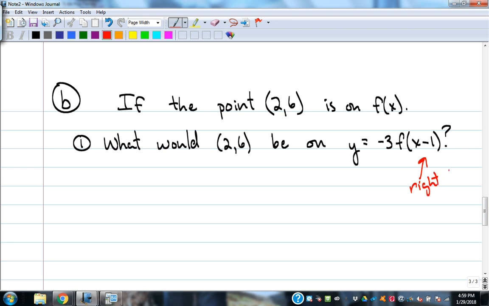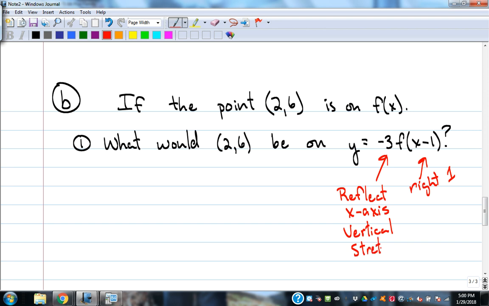So we're going right 1. What does the negative 3 out in front tell us? Reflect where? Reflect across the x-axis. And then what? It's the 3 part. The negative is the reflection. The 3, excuse me, is a vertical stretch. Good job.